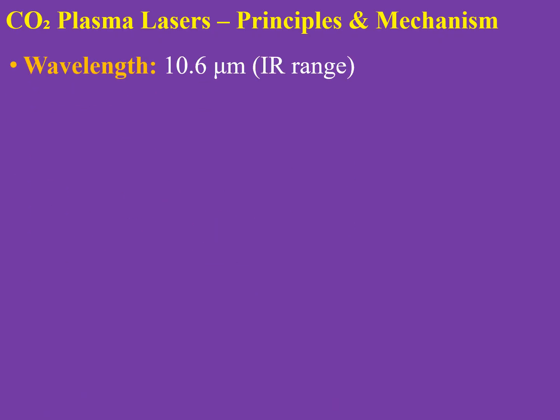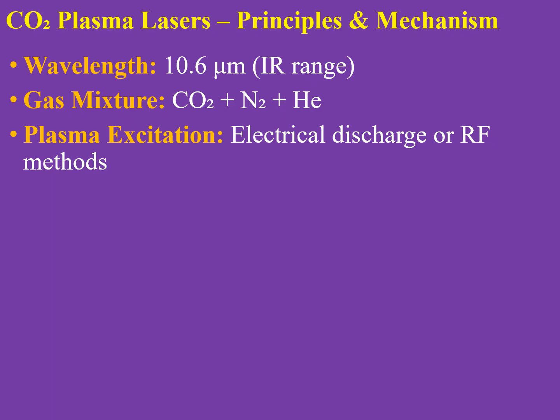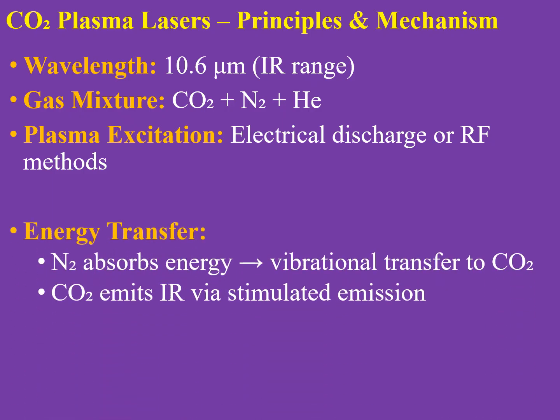Their output wavelength is 10.6 micrometers, which is in the IR range. The gas mixture is comprised of CO2 plus nitrogen and helium, and plasma excitation in these lasers is based on electrical discharge or RF methods. Energy transfer in these lasers is based on electronic excitation of nitrogen.